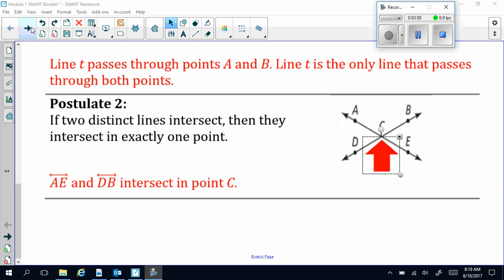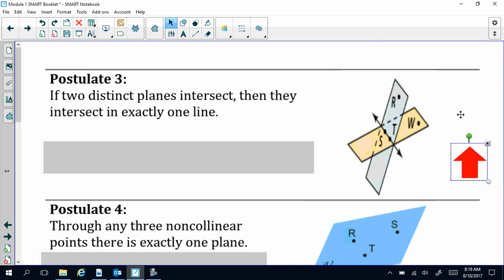Let's move on to Postulate 3. Postulate 3 says if 2 distinct planes intersect, then they intersect in exactly 1 line. So a plane, we'll do our formal definition later, but our plane here is this blue, and our other plane is this kind of creamy color.